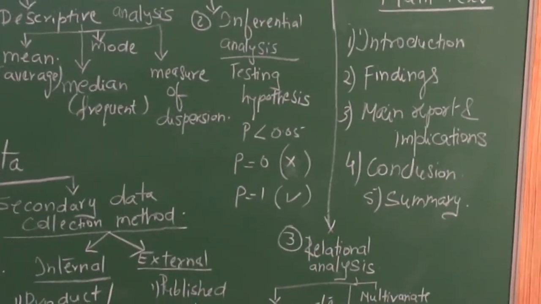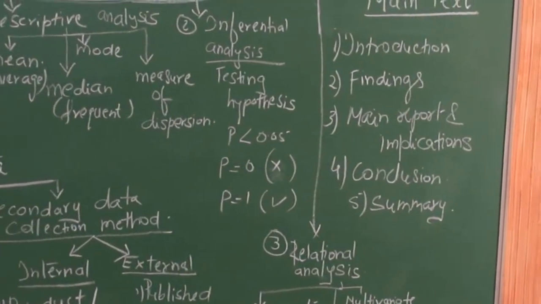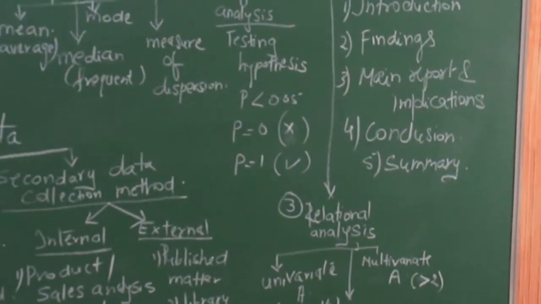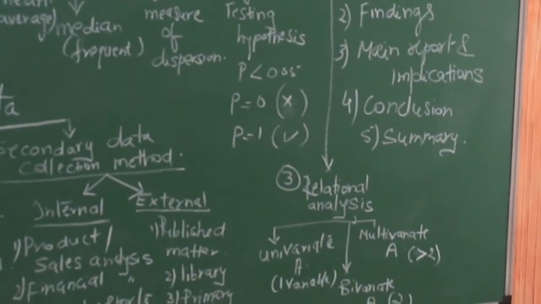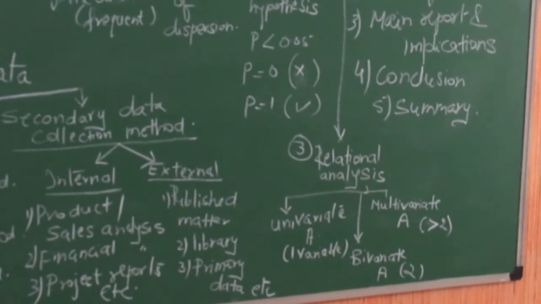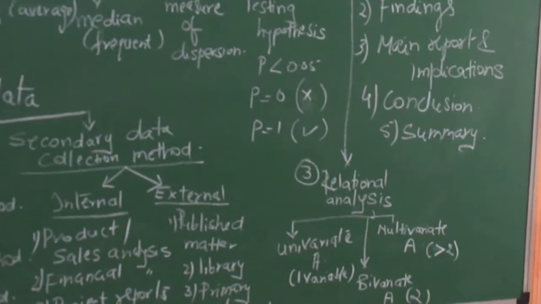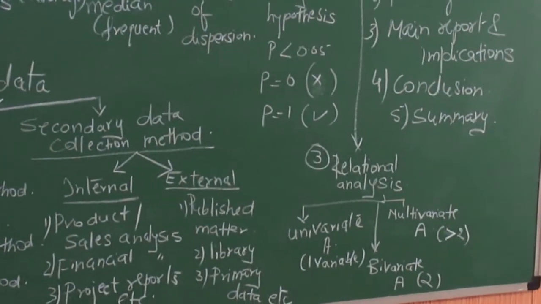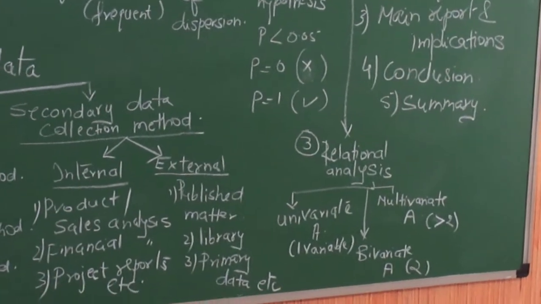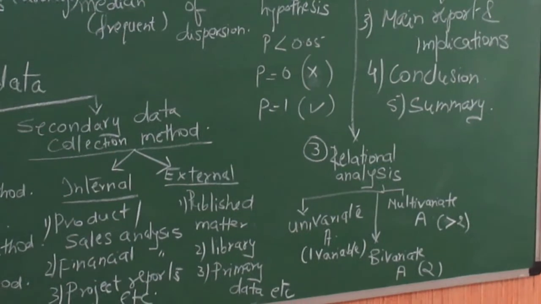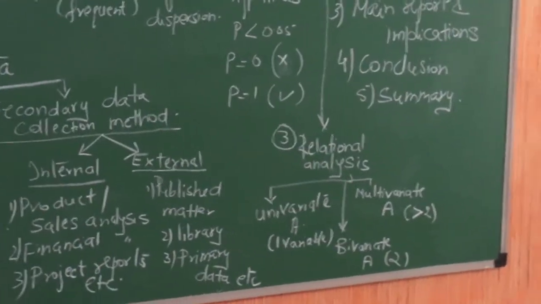Now in inferential analysis, the testing of the hypothesis is done, whether what you had earlier said is right or wrong. If the probability at the end of the calculation is less than 0.05, that's 5%, then the chances, it should be less than 0.05, for that research to really tick off.